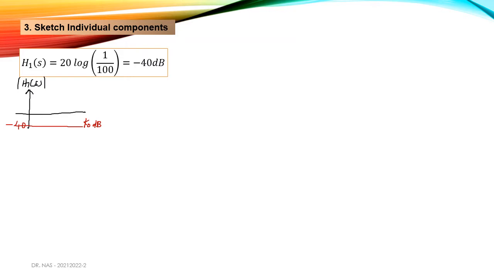In terms of the phase plot, theta 1, when it is a constant the phase will be 0 across the omega values.